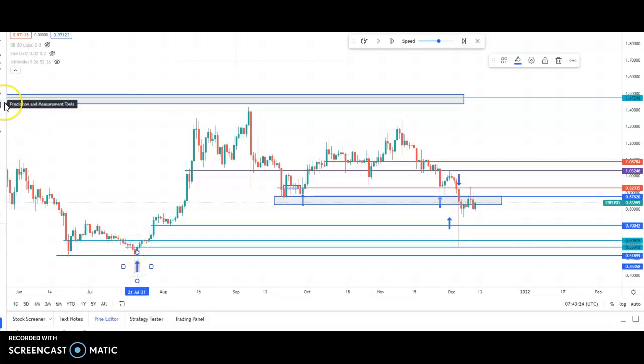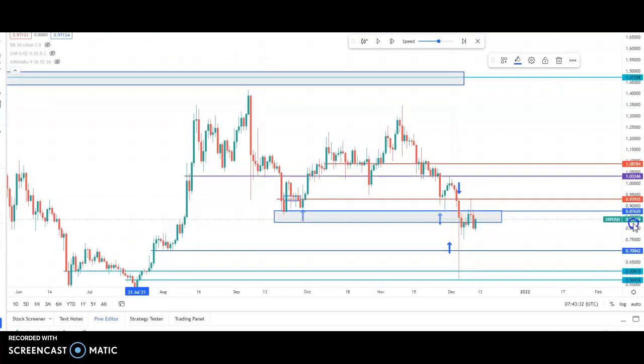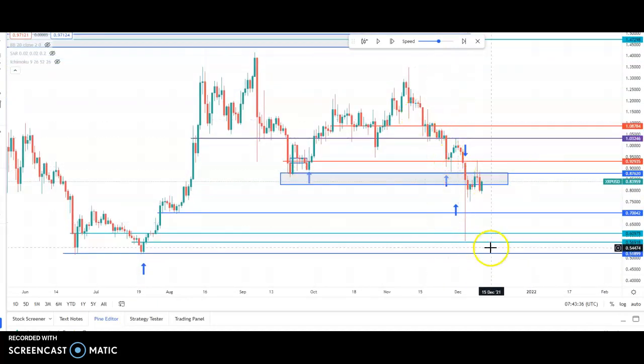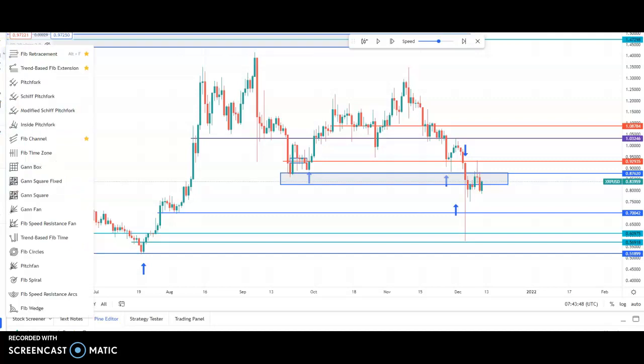I mean, it may not have come all the way into it. You would have had to have manually executed this trade. But price came within pennies after a massive drop to honor this order block and respect it before pushing up. So just think, if you had a buy order here, let me go long.